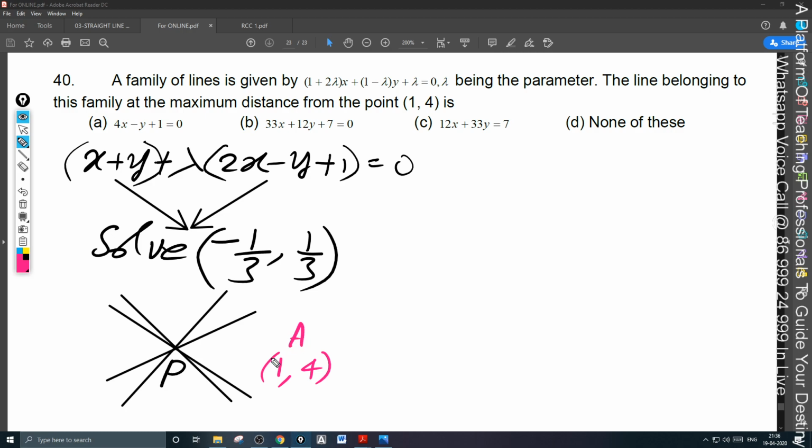What he's asking is the maximum distance line from the point 1, 4. See this carefully. Distance is always to be taken perpendicular.